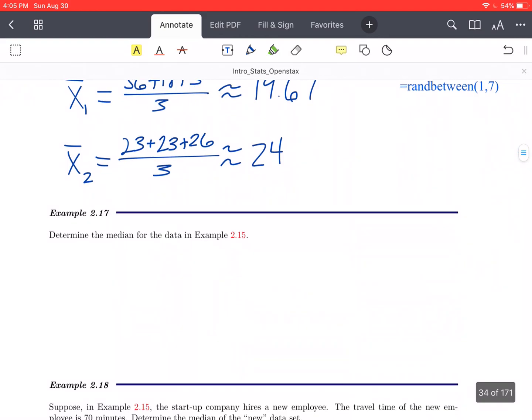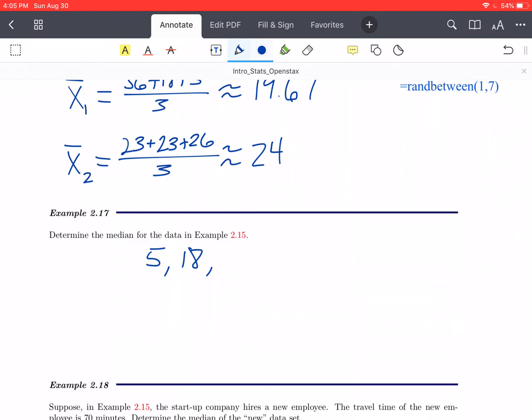Okay. Next up, it's asking for us to determine the median of this data set. So we're just going to rewrite it in numerical order. So we have 5, 18, 23, 23, 26, 36, and 43. Okay, so we have 7 values here.